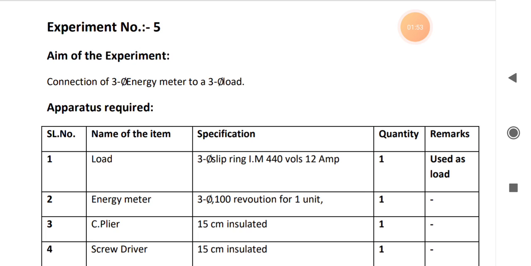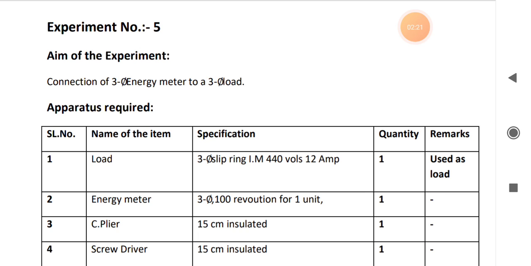Now, what is a load? Load can be a load box where resistive load, capacitive load, inductive load can be connected. We can also connect a three-phase motor to this energy meter so as to take the readings of the energy consumed by the particular motor.